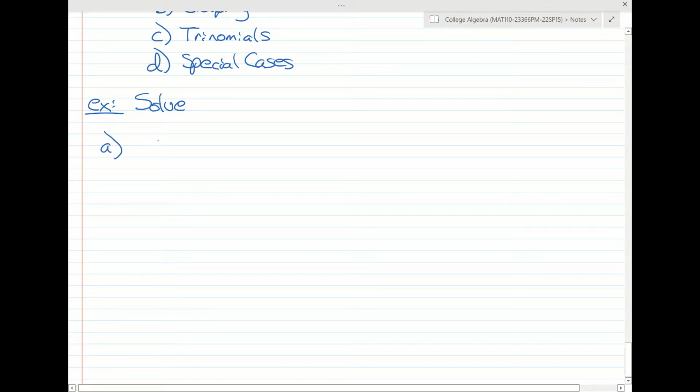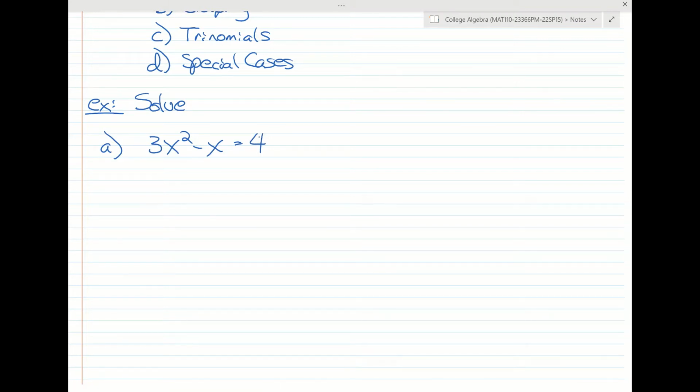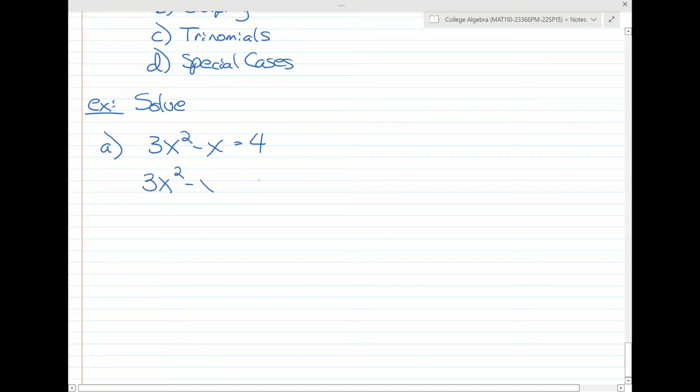And let's say we wanted to solve 3x squared minus x is equal to 4. Remember what we said, we want to make it equal to 0. So 3x squared minus x minus 4 equals 0.